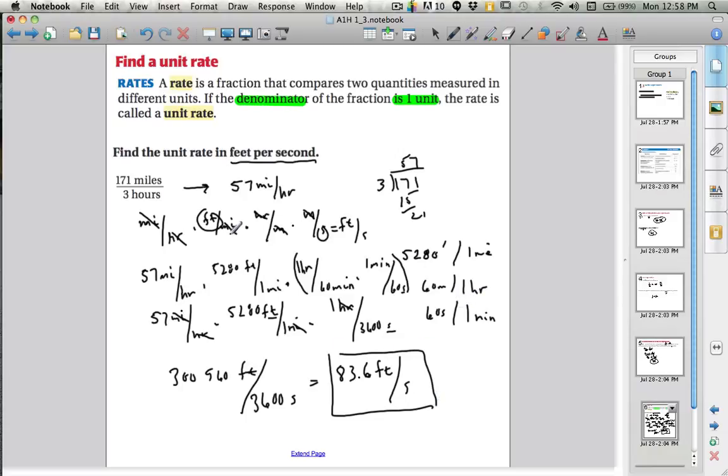Okay, the big takeaway here for you is when you have conversions to do like this, and you're questioning how to arrange them, what goes in the numerator and what goes in the denominator, if you track your units of measure, you can be sure that you're arranging your fractions correctly so that you can get the proper unit of measure when you finish.